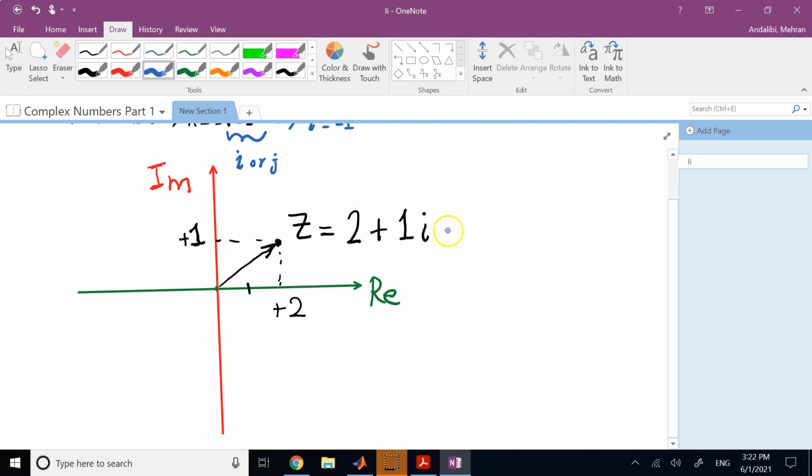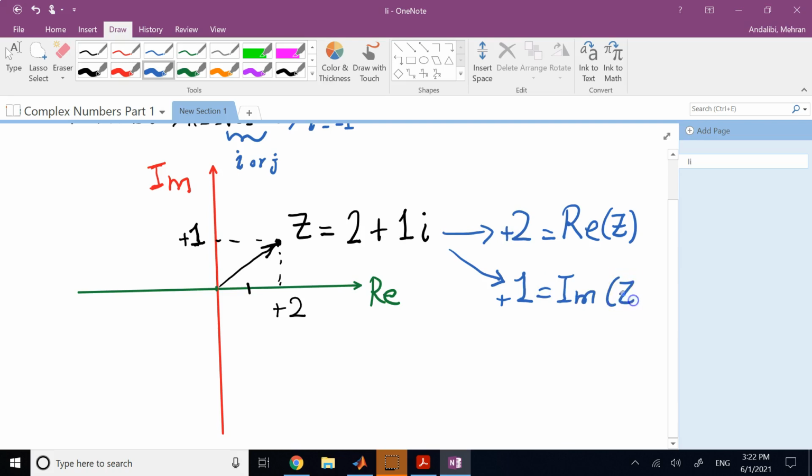So here we say this 2 is the real part of z, and this 1, positive 1, is the imaginary part of z. Okay, like the x and y components, basically, it's similar.